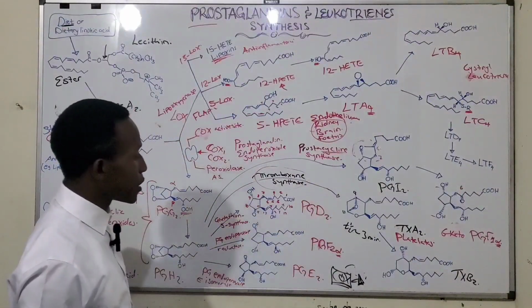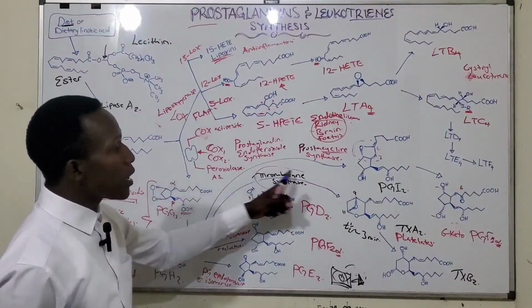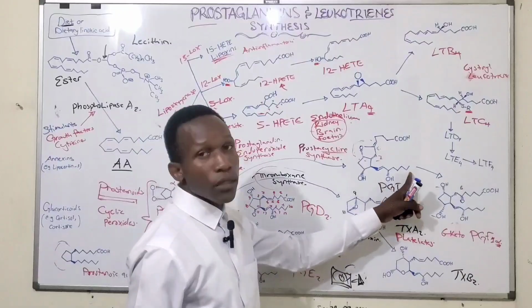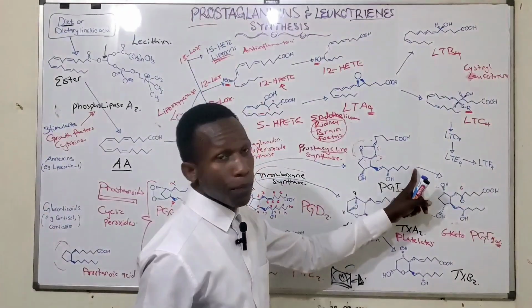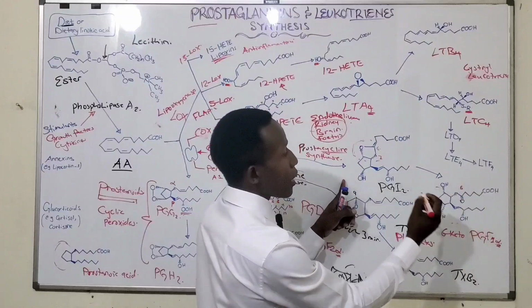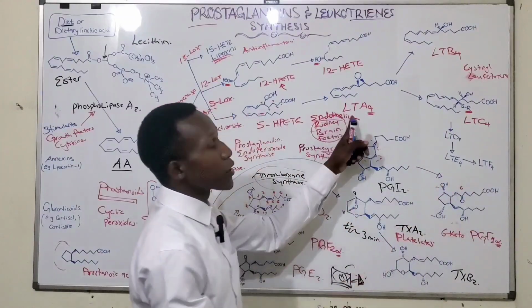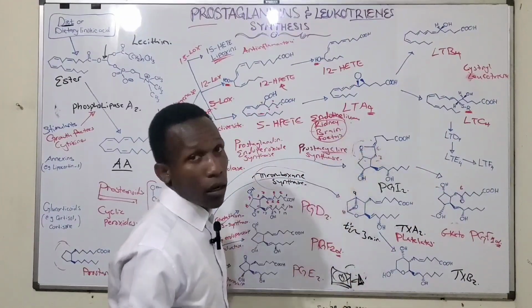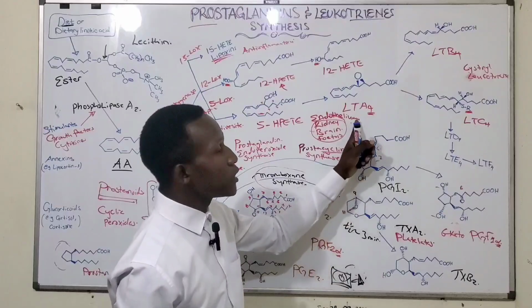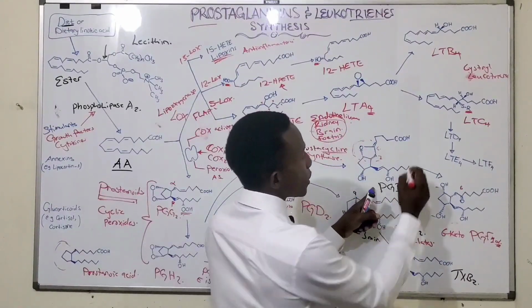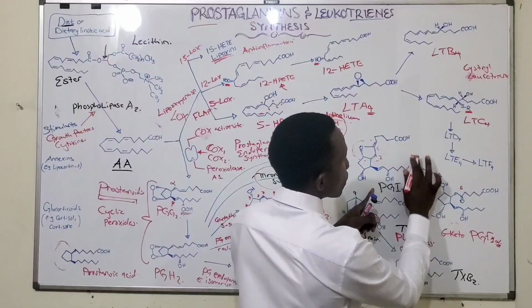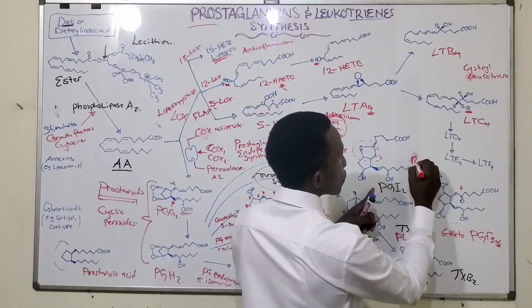Then when it comes to prostacyclin, this one is present constitutively mainly in the endothelium of the blood vessels, and also in the lymphatic tissue.